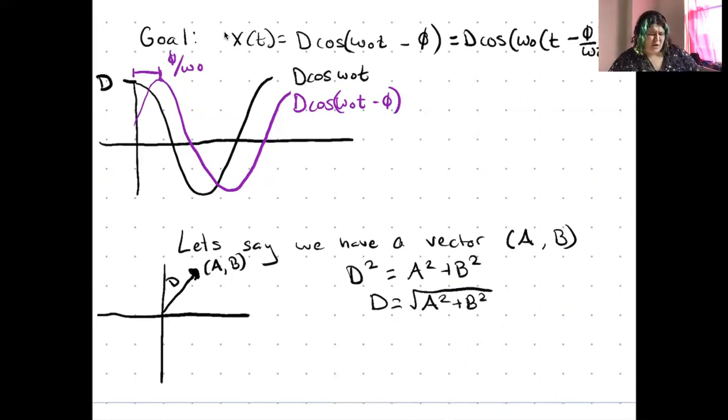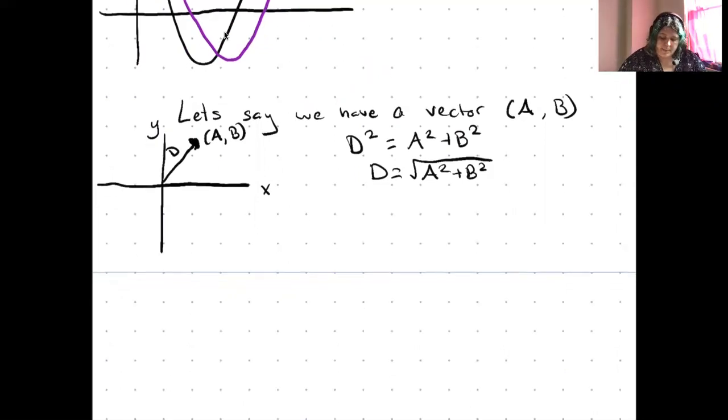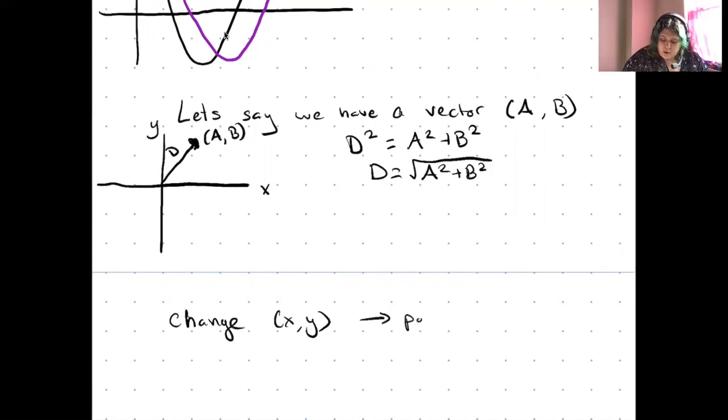However, we also know that we can take something that's written in terms of these x and y coordinates. A and B we can think of as being x and y coordinates, just for the purpose of this. And we can think about how to put that in terms of polar coordinates. So change x and y to polar coordinates.